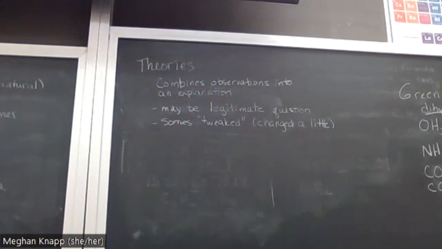So Dalton initially said all atoms of the same element have the same mass. Every atom of carbon weighs exactly the same as every other atom of carbon. So thinking back to our packet that we did a week or so ago, why is that not something that we currently hold as being true? What might be some differences between carbon atoms?